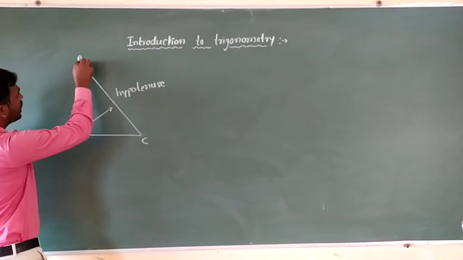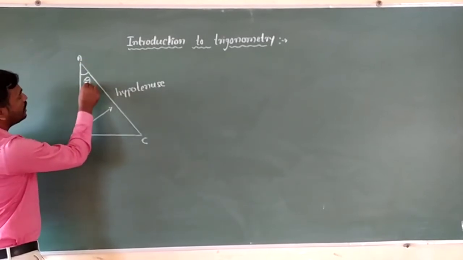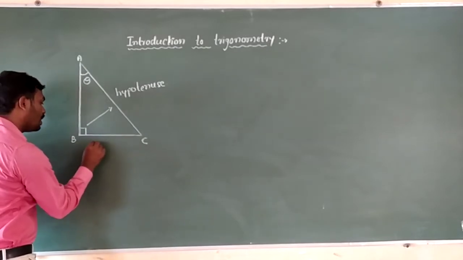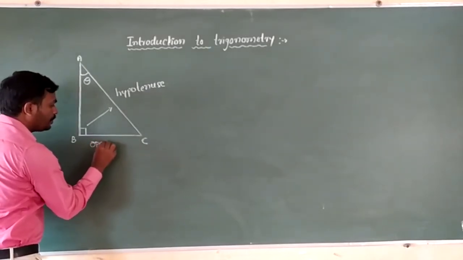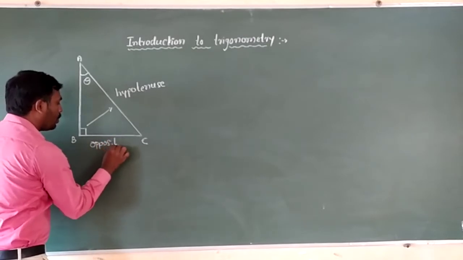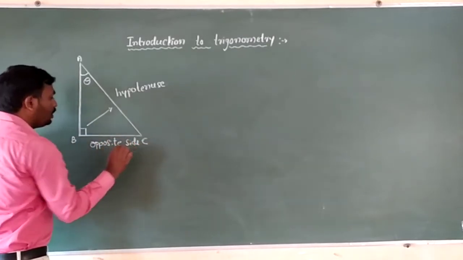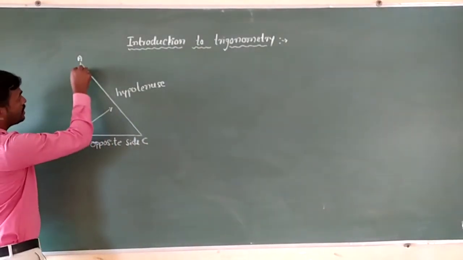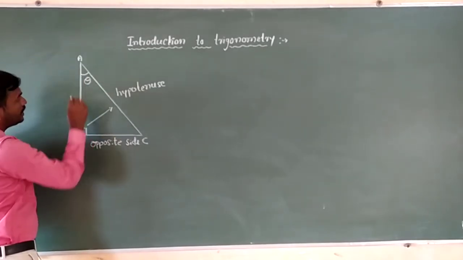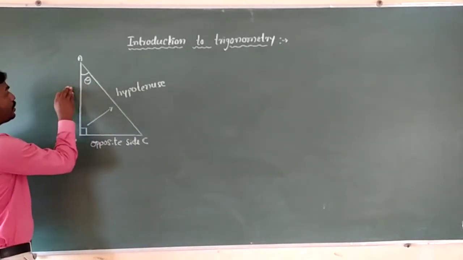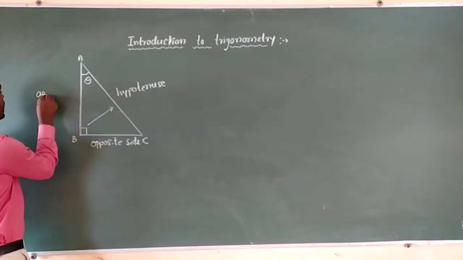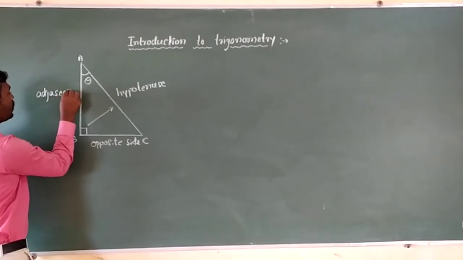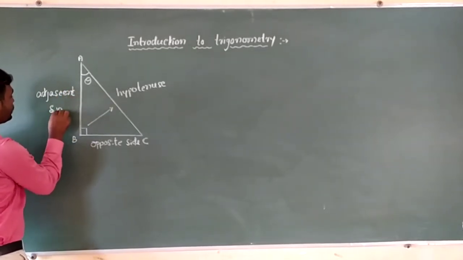Here I have taken the reference angle as theta. The side opposite to this angle is BC, so it is called the opposite side with reference to A. The side AB is adjacent to the angle theta, so it is called the adjacent side.